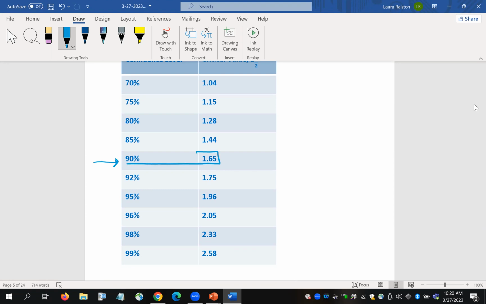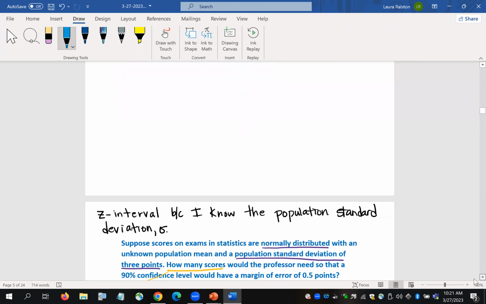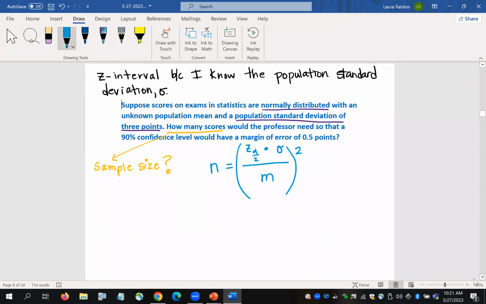So my critical value is 1.65. I'm just going to read it directly from the table. Okay, so I'm going to write that down so I have it. My critical value, which is Z alpha divided by 2 from the table, is 1.65.